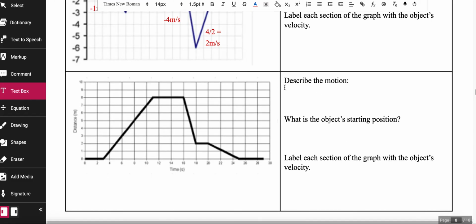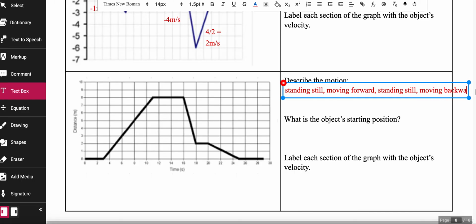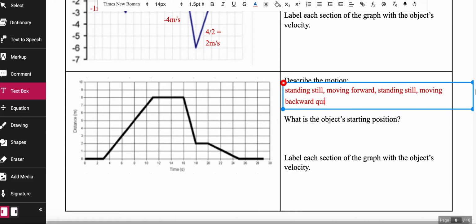Okay, so describe this motion. So just kind of looking at this, I think I can differentiate between the different motions without calculating velocities first. Okay, so I'm just going to do that quickly. So standing still, then moving forward, then standing still, then moving backward quickly, then standing still.